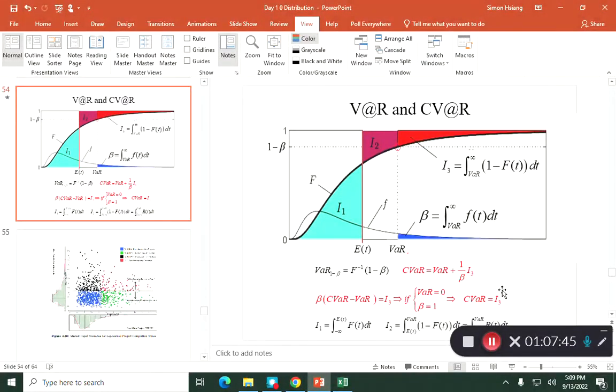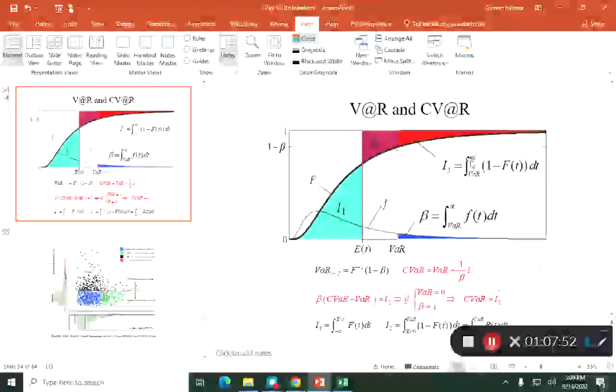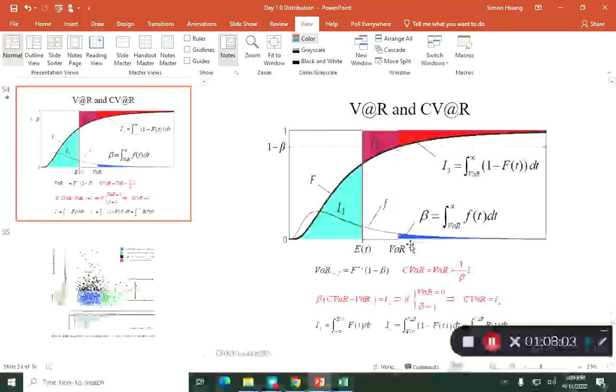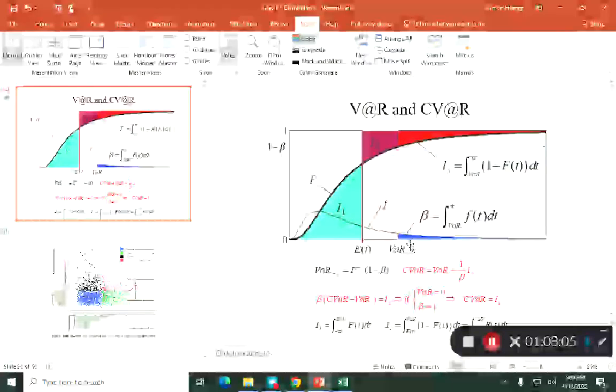Agree? Will I3 increase or decrease? Also decrease, right? Because this line is moving to the right, it's getting smaller and smaller. So in other words, when you say I'm going to wait, VAR increases, both I3 and beta get smaller and smaller.